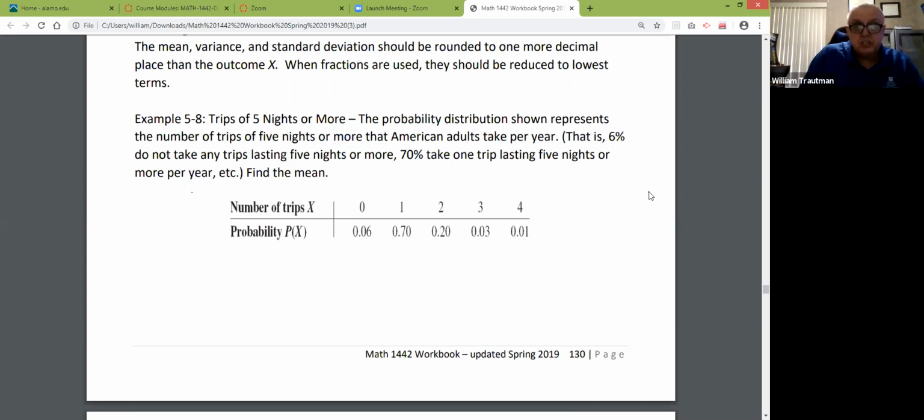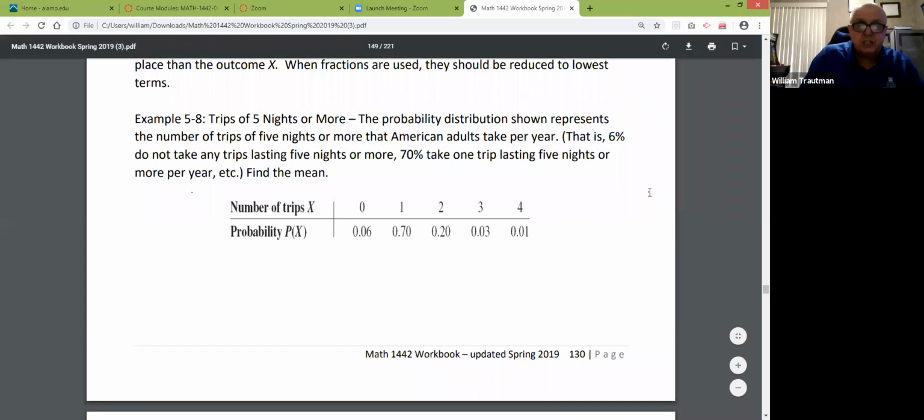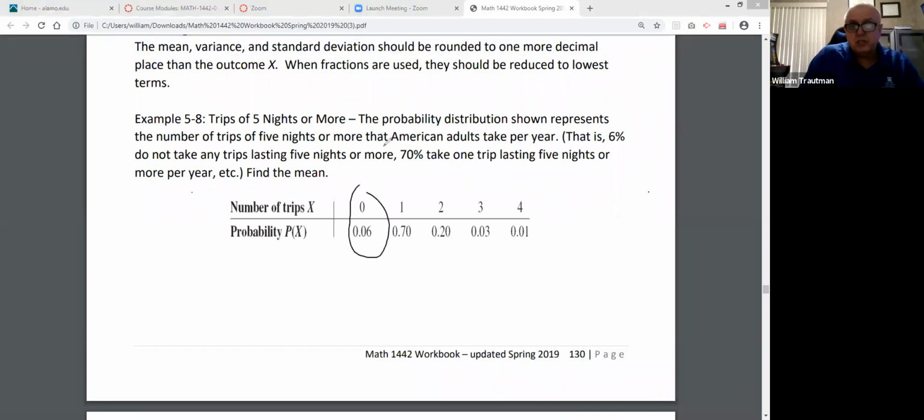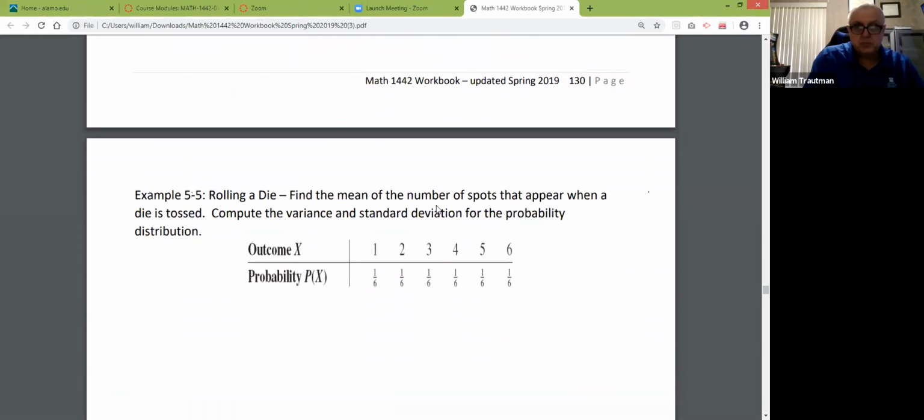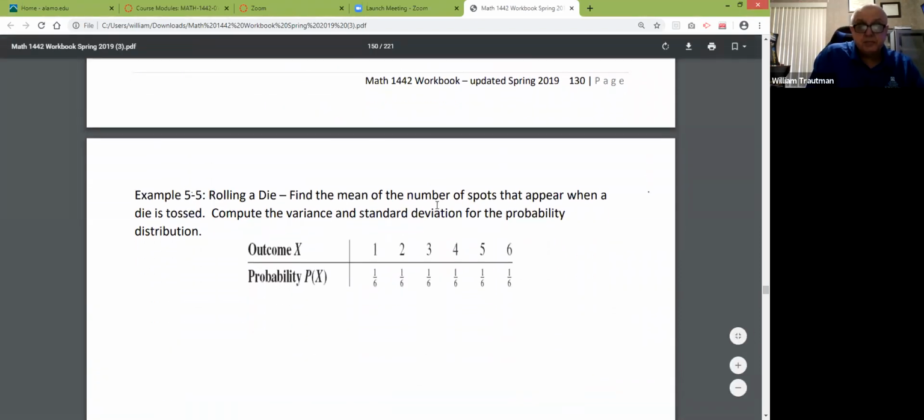Do you see, 0 nights does not take any trips. 70% take 1 trip of 5 nights or more, and 20% take 2 trips of 5 nights or more. So they just wanted you to look at this, and then we'll answer the next question down below. In reality, we should see what the average is, but I'm going to actually follow this. So find the mean.